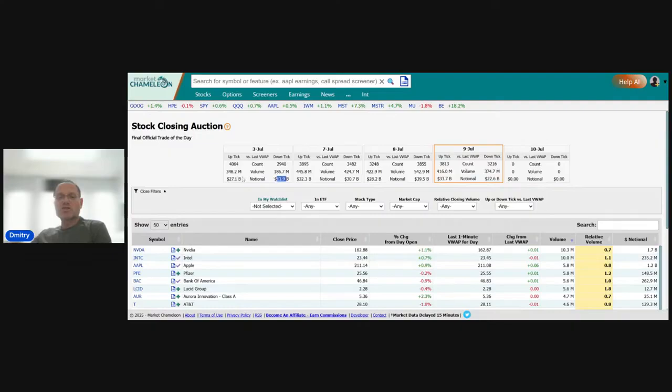July 3rd was a lighter day, but that was right before the holiday. Everything else looks like between $50 and $70 billion worth of stock traded at the end of the day. So nothing unusual here.